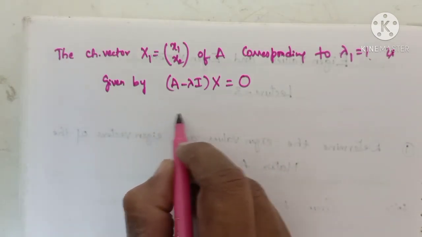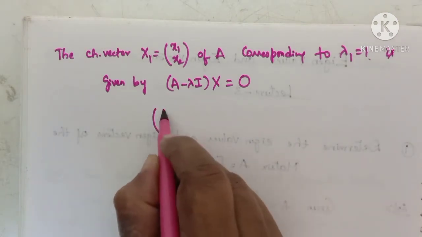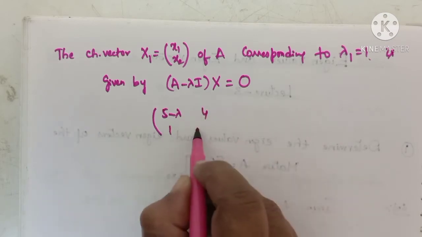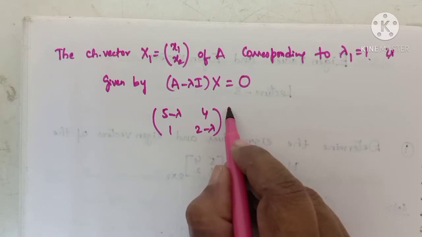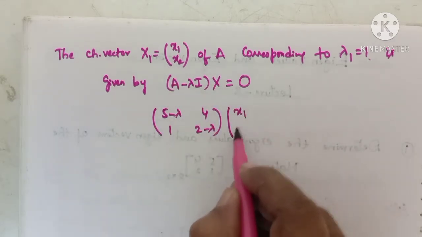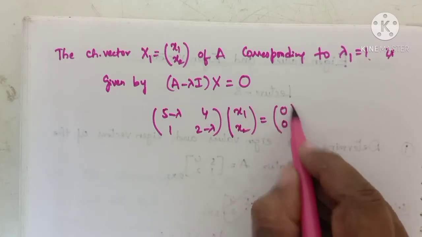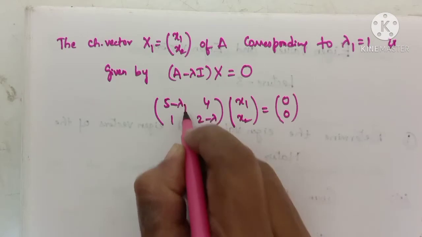A minus lambda I is [5 minus lambda, 4; 1, 2 minus lambda], and capital X is (x1, x2), equal to the null matrix. We write it as (0, 0). Now we put lambda 1 here.